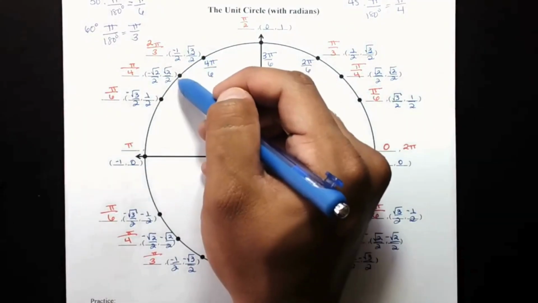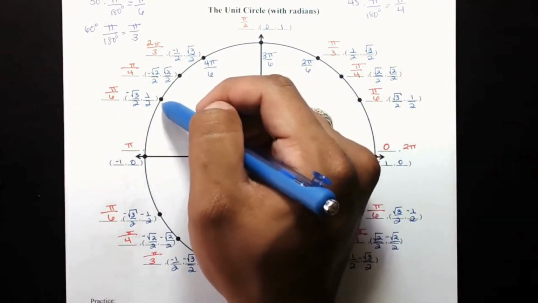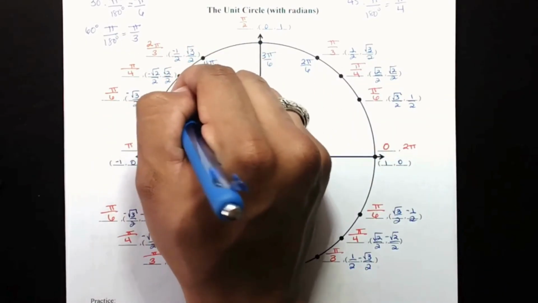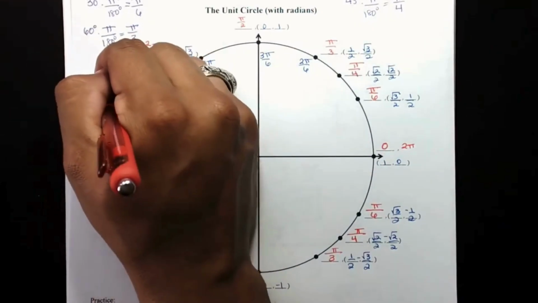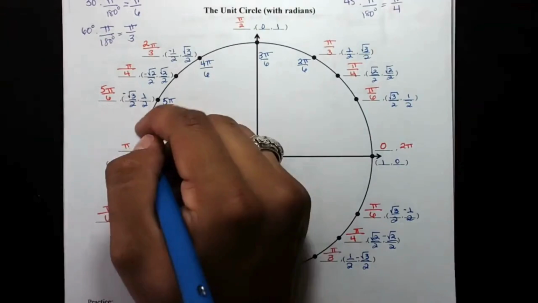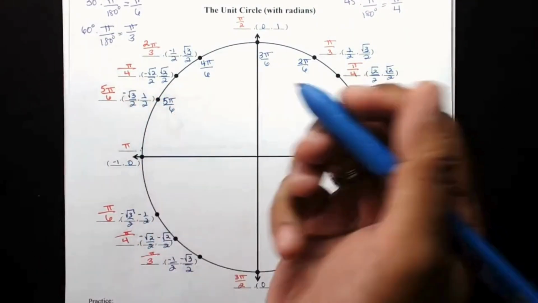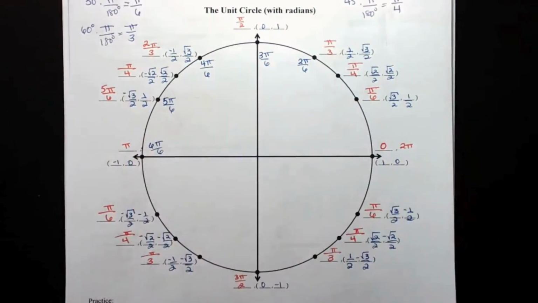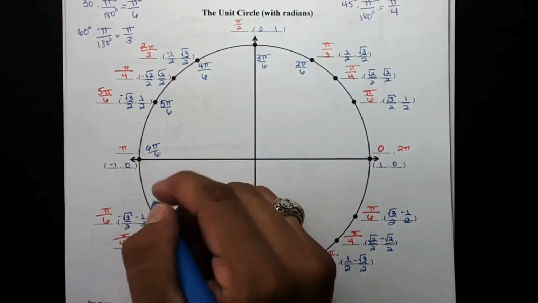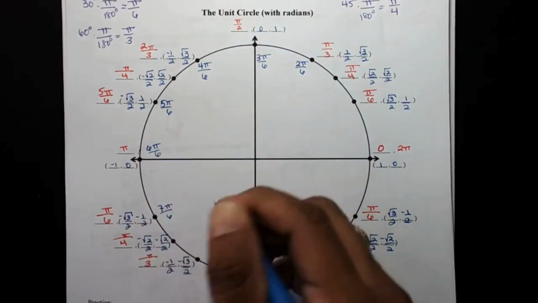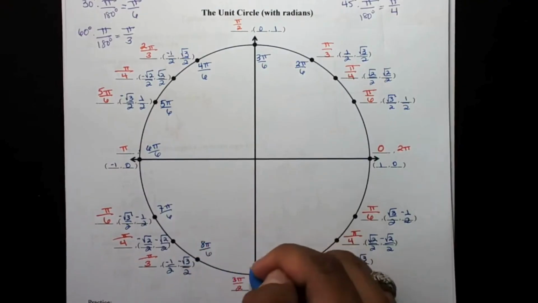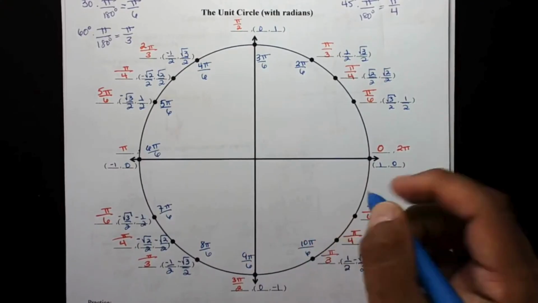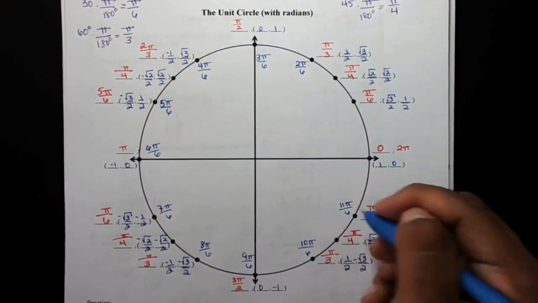My next 30-degree angle is not this 135 here, but it's actually this 150. This is going to be 5 pi over 6, which doesn't reduce, so I'm just going to leave it as 5 pi over 6. My next 30 degrees from 150 to 180 is 30 degrees, so this is another pi over 6, which is 6 pi over 6. Then I can keep doing that, 7 pi over 6, 8 pi over 6, 9 pi over 6, 10 pi over 6, and 11 pi over 6.